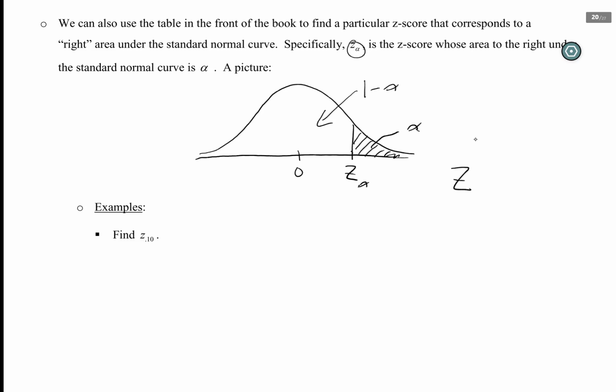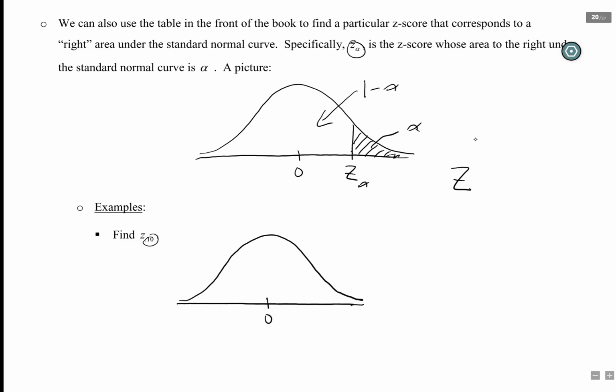So let's look at a couple of examples. Let's find z sub 0.10. The subscript here is pretty small, and that's a right area.